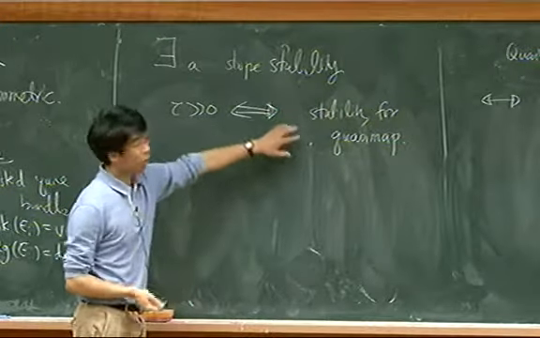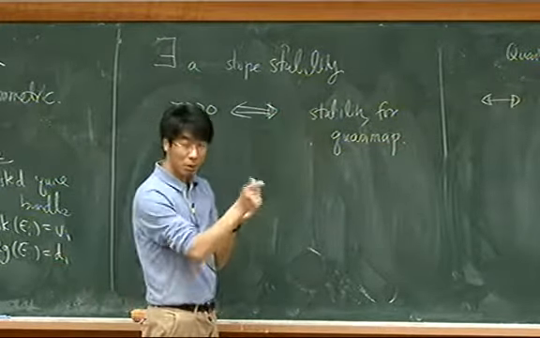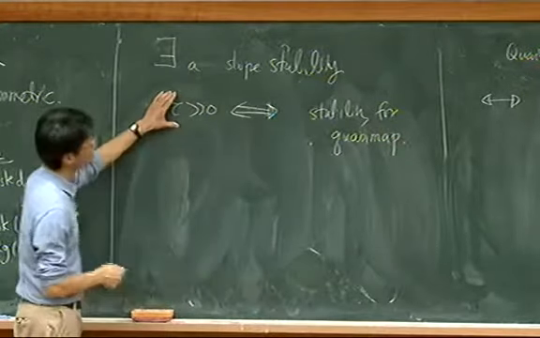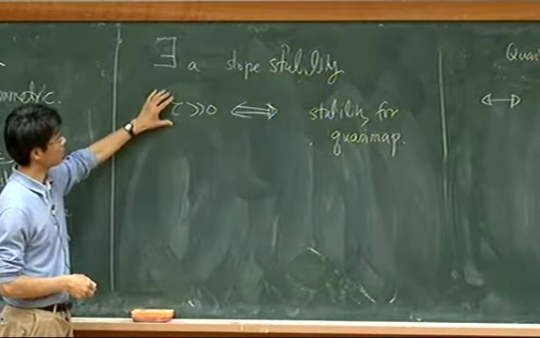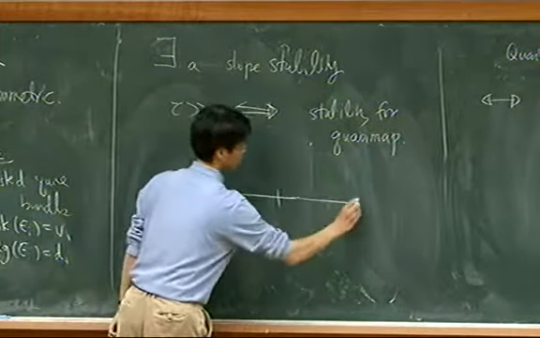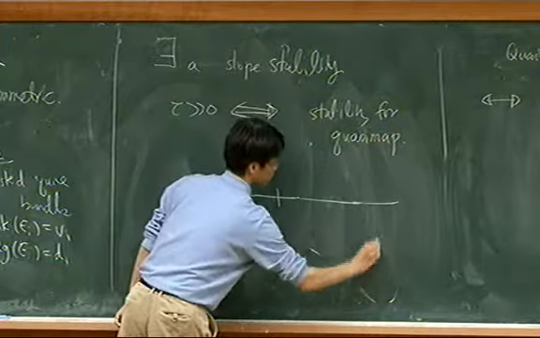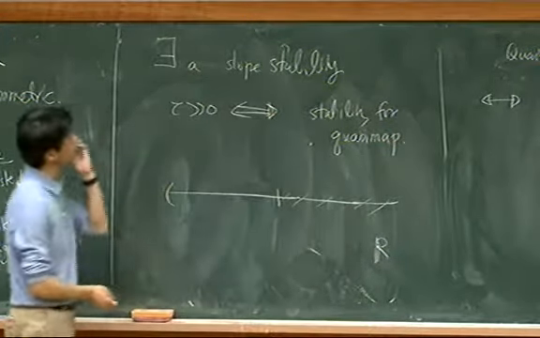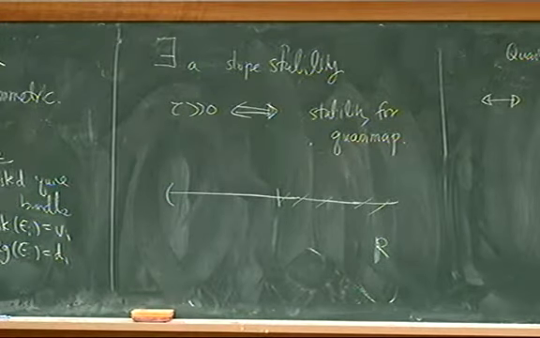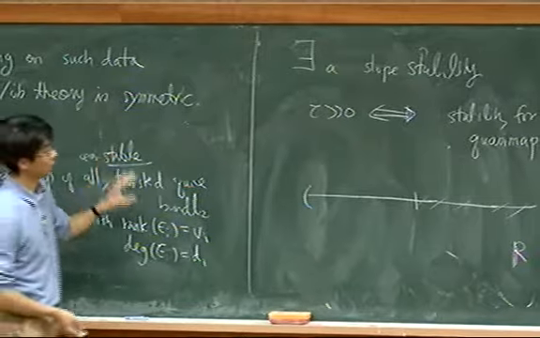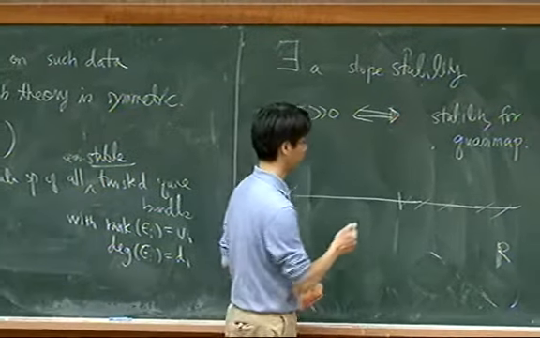For stability of Higgs maps, there's no notion of semi-stability. So for large tau, when tau becomes very large, semi-stability equals stability. There are no strictly semi-stable ones.